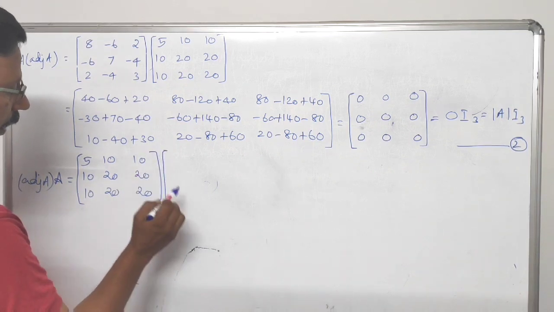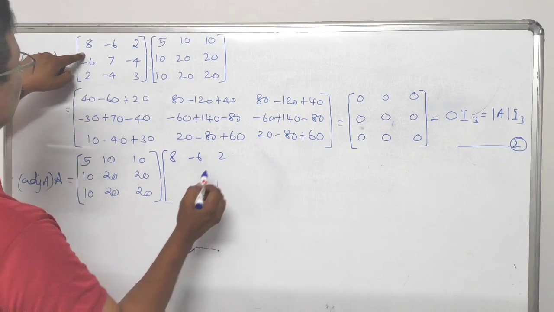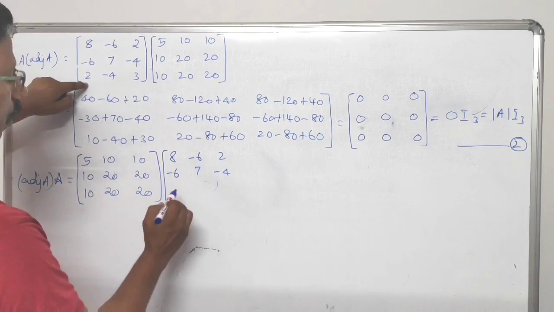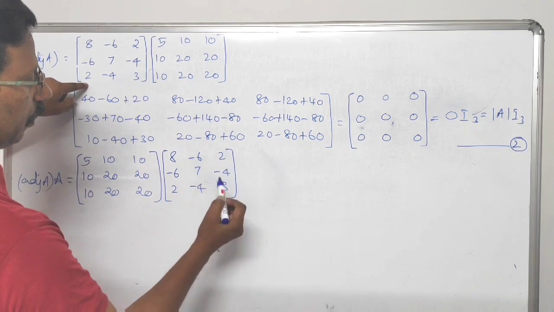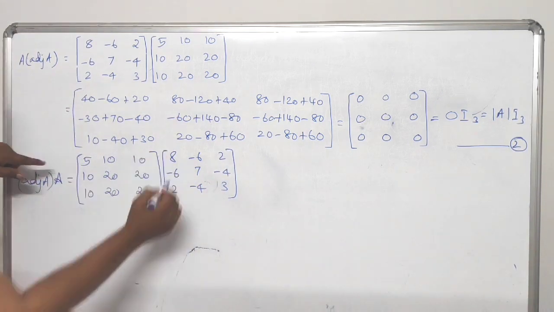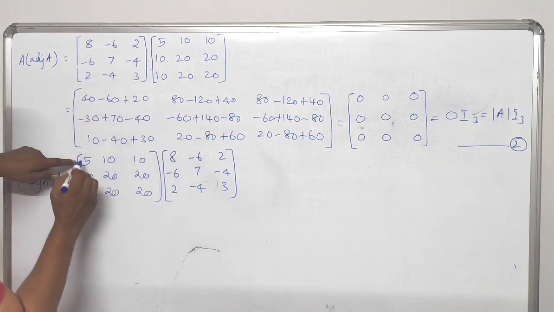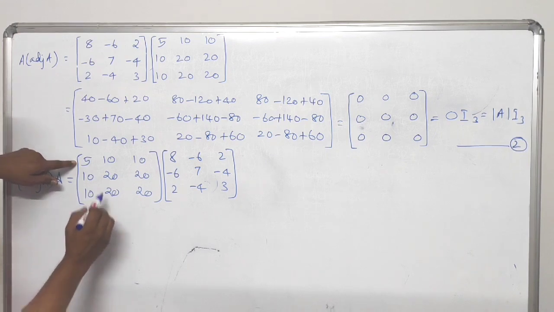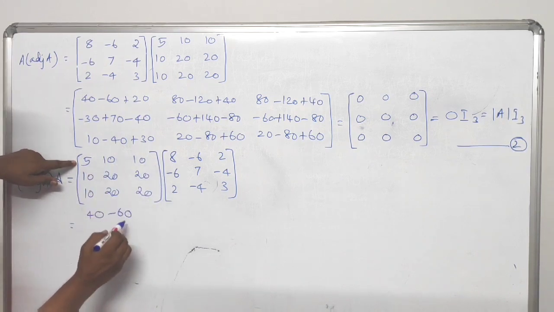What is matrix A? 8, minus 6, 2; then minus 6, 7, minus 4; 2, minus 4, 3. Now again we can multiply by the row by column rule. First we take first row and first column: 5 8s are 40, then 10 into minus 6 is minus 60, then 10 into 2 is plus 20.